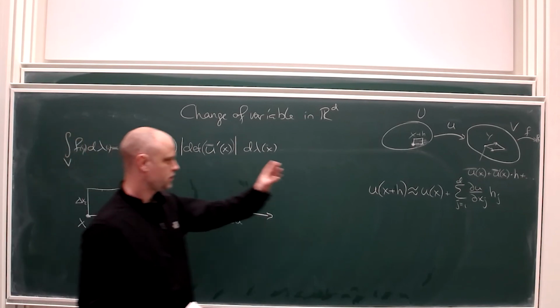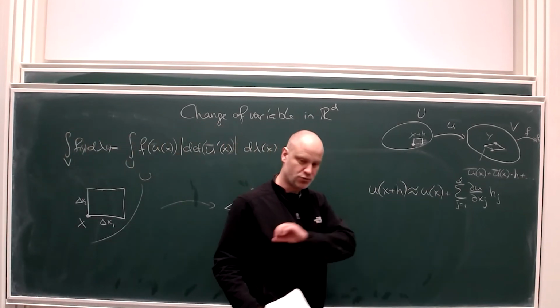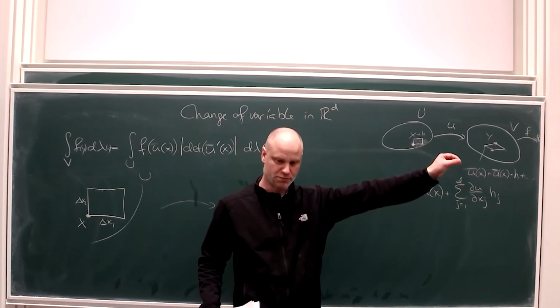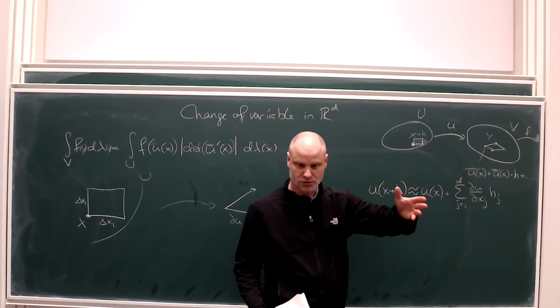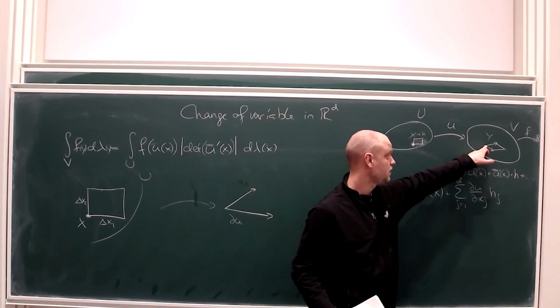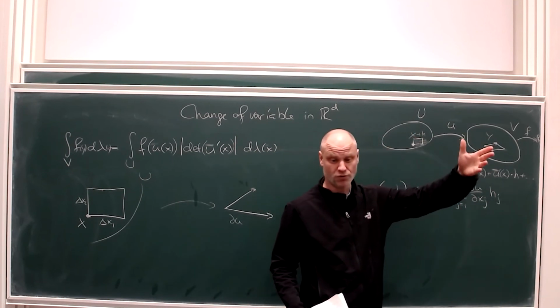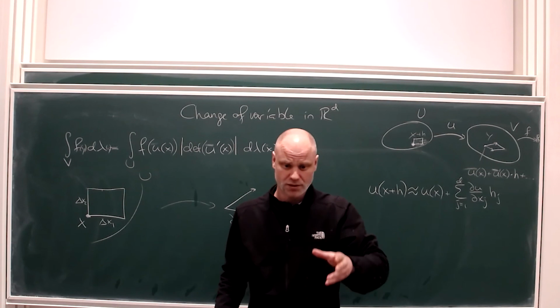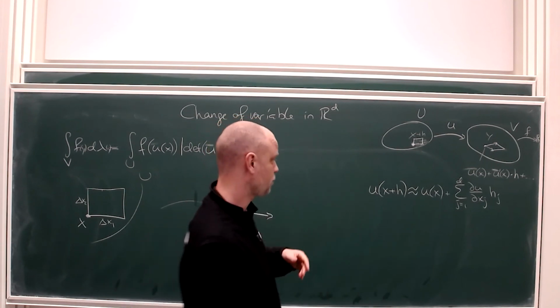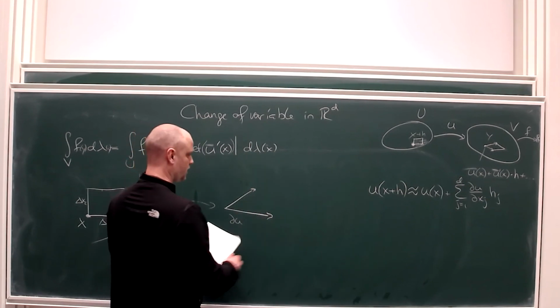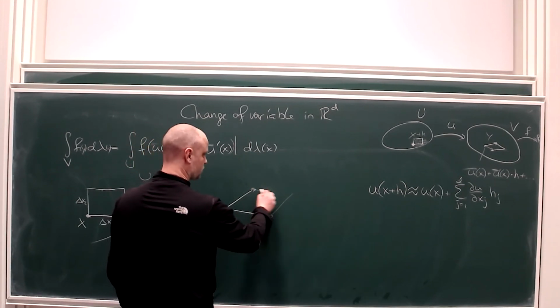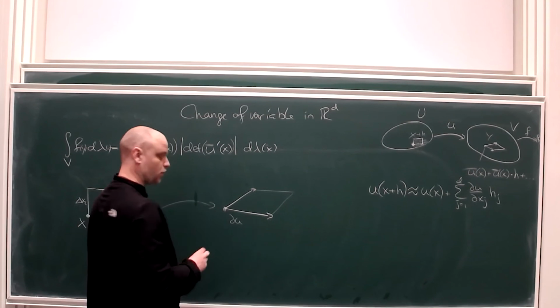So now this first term is just a translation, right? You move in space, so that doesn't change the volume. You know that Lebesgue measure is translation invariant. So whether this base point here is U of X or just the origin, we don't care, so we can throw it away completely. We're just interested in knowing the size of this shape, and here I can put the origin.